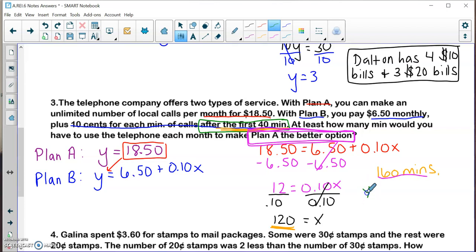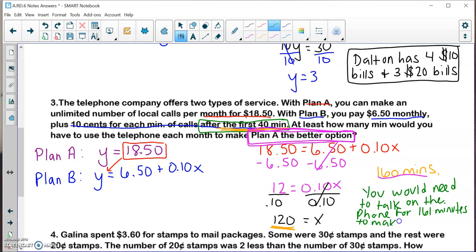So you would need to talk on the phone for 161 minutes to make plan A cheaper.